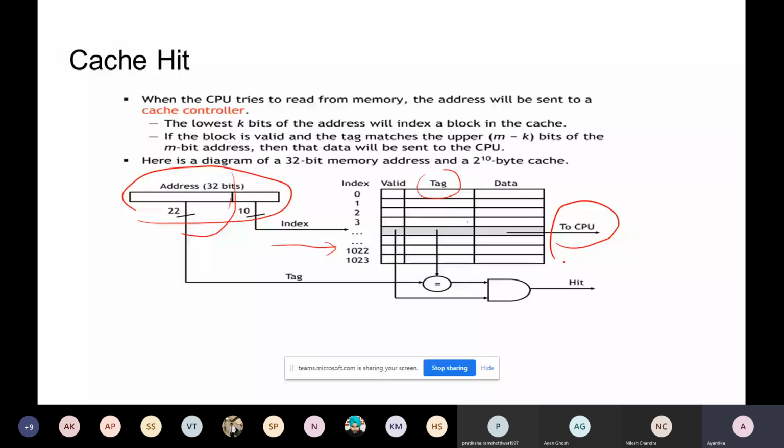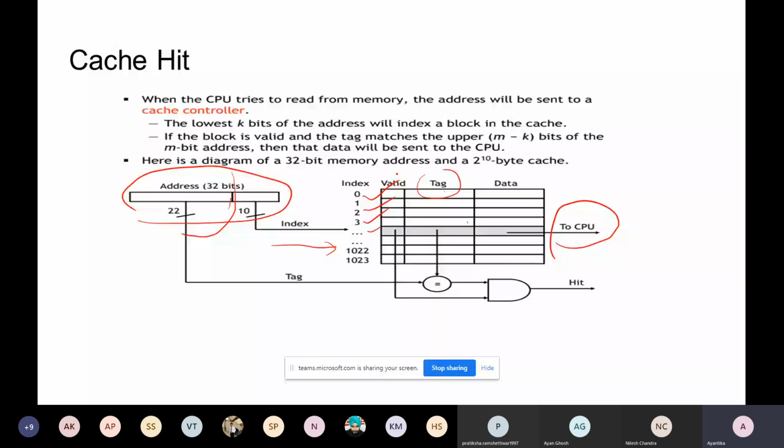So if there is a match in the address and the tags, you can think these are all other rows, lines present in the cache, and they are associated with some tags. Tags means the address for which they are having a map. So that tag and that address, if you are comparing, and if there is a match, and also there is a concept of valid bit.